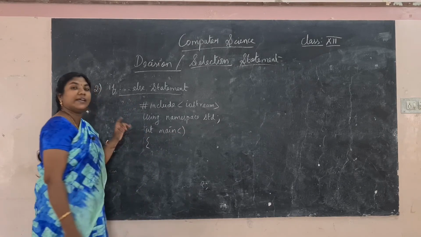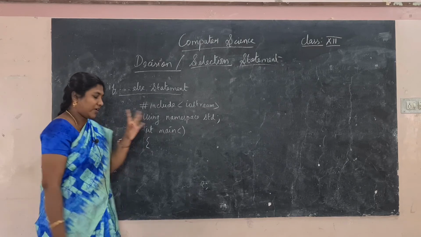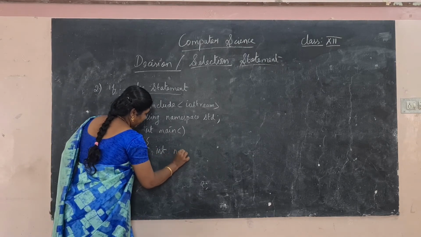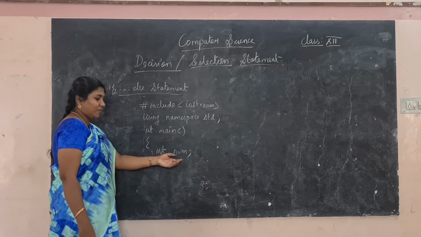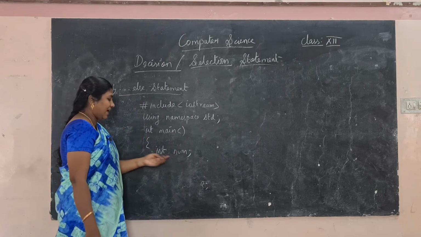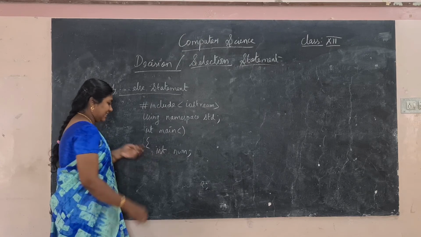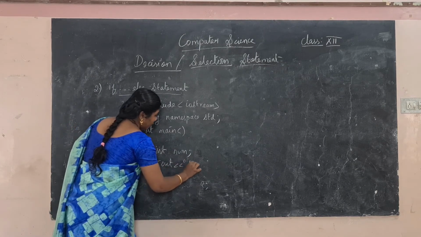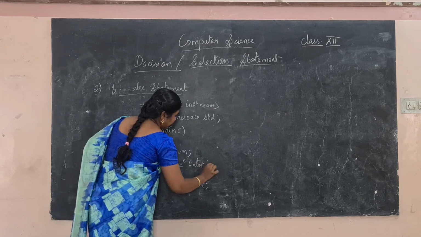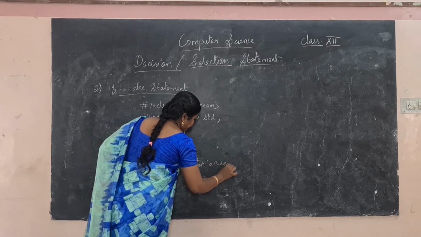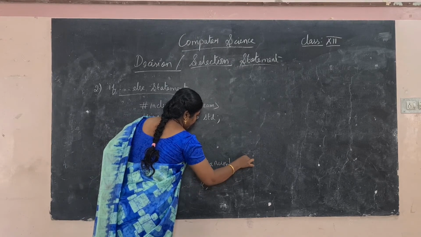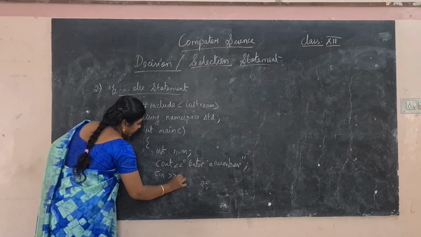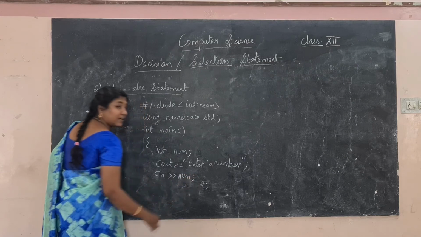I am going to get only one number, so let me have one integer value. So num. My variable name is num and I have declared it as integer. I want to get this value first. So cout, enter a number. Next cin, so I am going to get that value in the variable num.